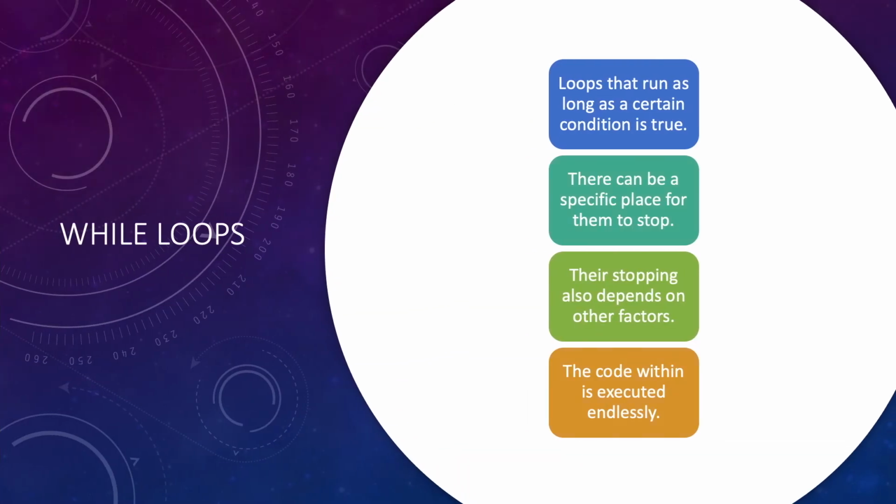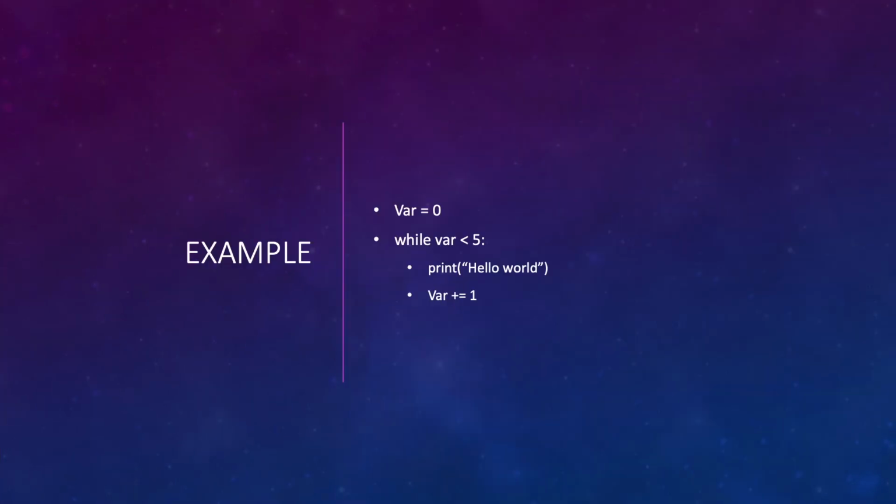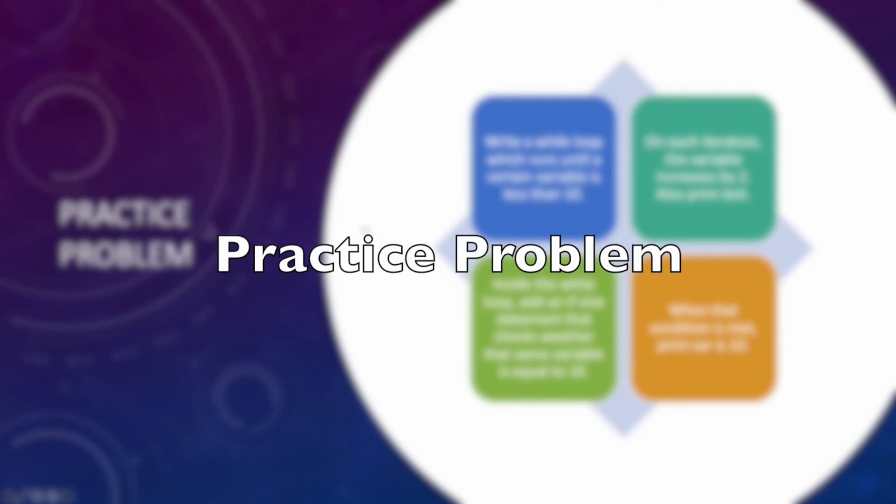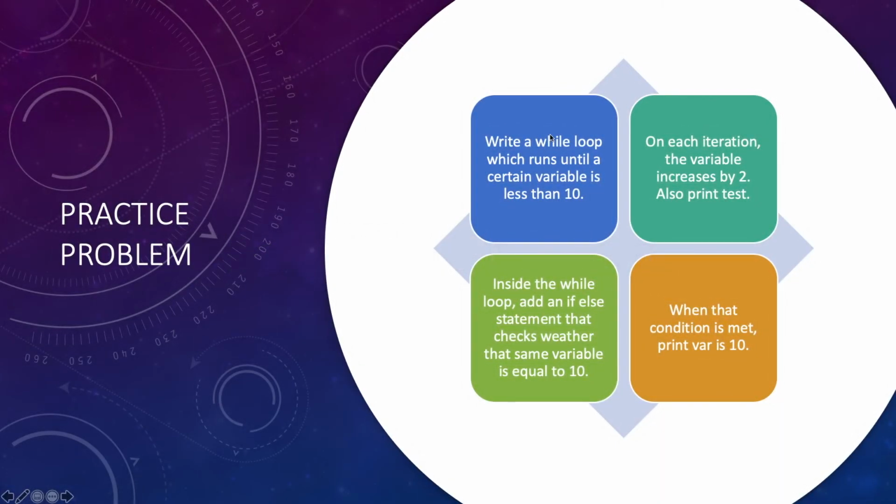Okay, so here's an example. So today's practice problem for you guys, you need to write a while loop which runs until a certain variable is less than 10. So it starts out less than 10, and in each iteration the variable increases by 2.